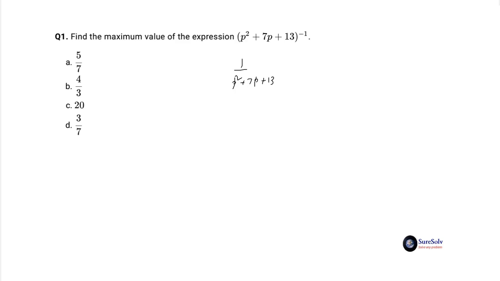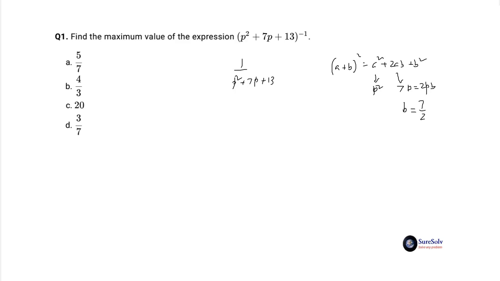To find the minimum value of the quadratic expression, we'll change it to a form that contains a perfect square of sum like (a plus b) whole square equal to a square plus 2ab plus b square. p is a here and the middle term is 7p equal to 2pb. So, b equal to 7 by 2.